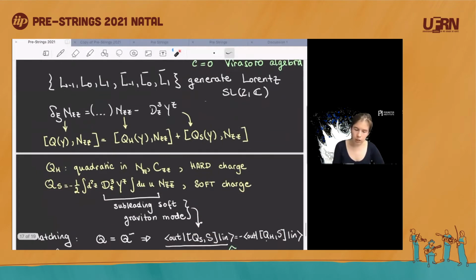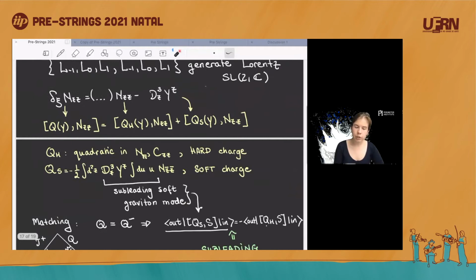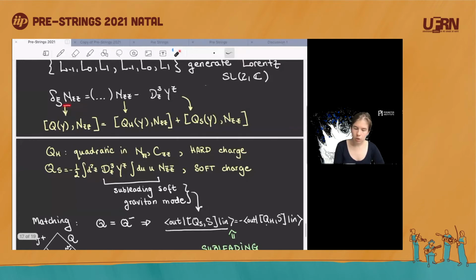Now, what we saw next is that if we consider the symmetry action on radiative data, so for example, on this new tensor, NZZ, one finds an expression of this form, which involves a term which is linear in N, and a term which is a shift.